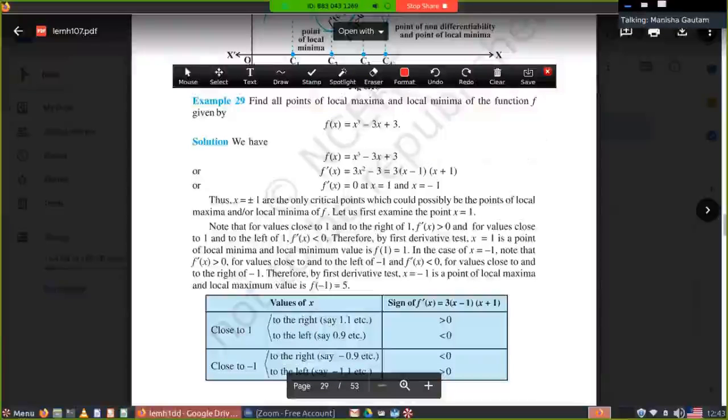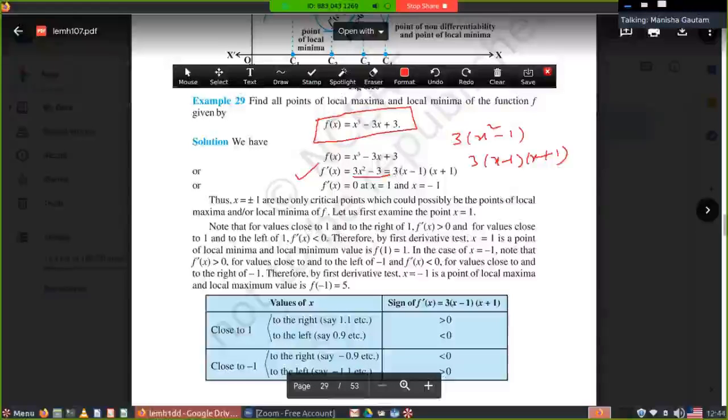Now, what are the critical points and how to find them? This is the target. The function is given to you. First of all, you have to get the derivative of the function, that is 3x square minus 3, and taking 3 common, you get x square minus 1, and factorizing it, you get 2 factors, x minus 1 and x plus 1.